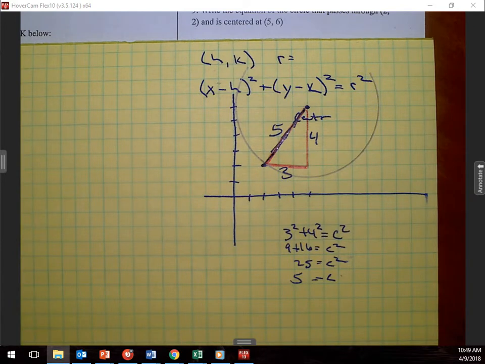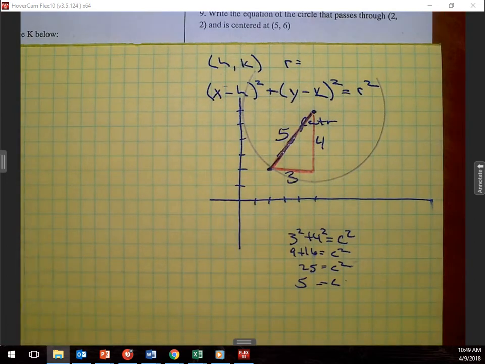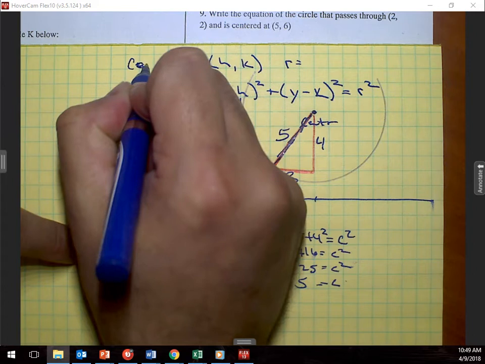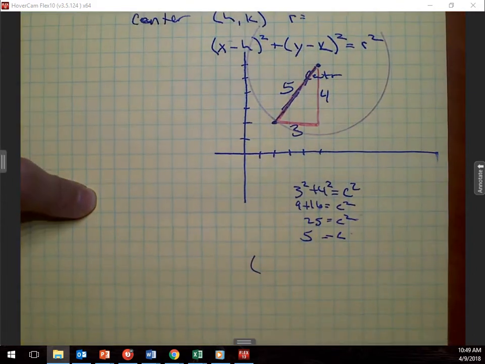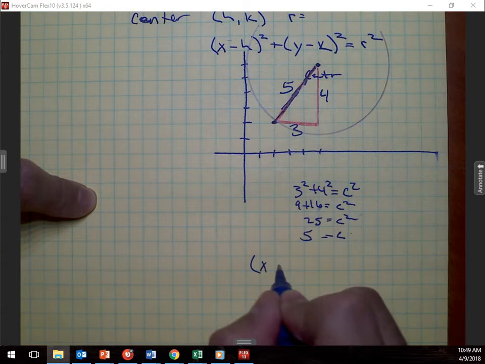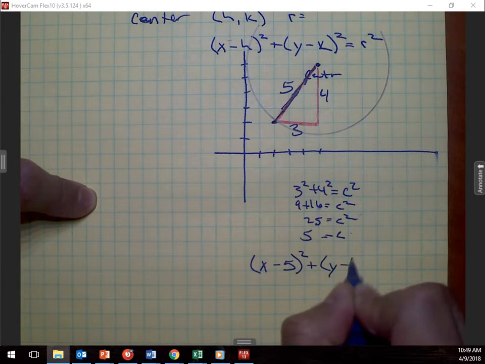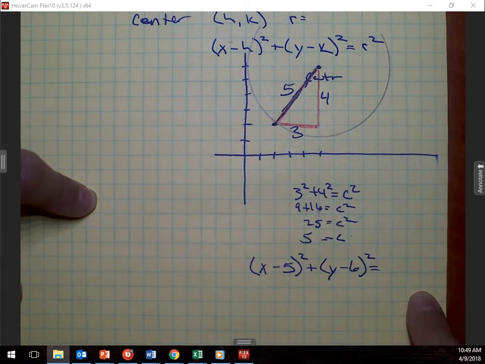So now, do I know where the center of my circle is? Yes. 5, 6. So on my equation, it's going to be x minus 5 squared plus y minus 6 squared equals. What goes next? Radius squared, so it's 5 squared.